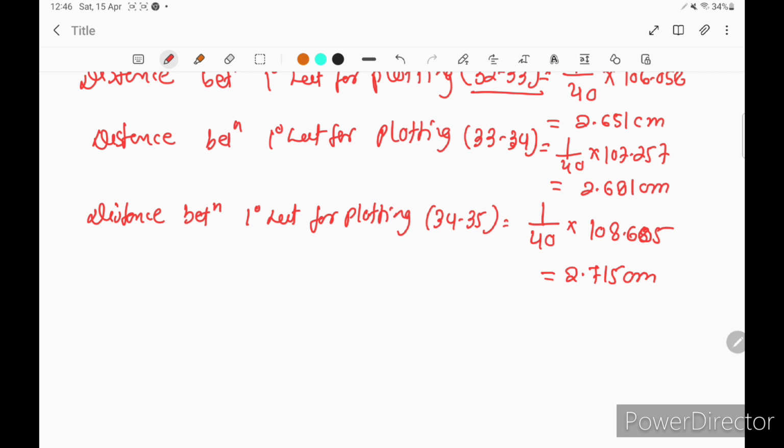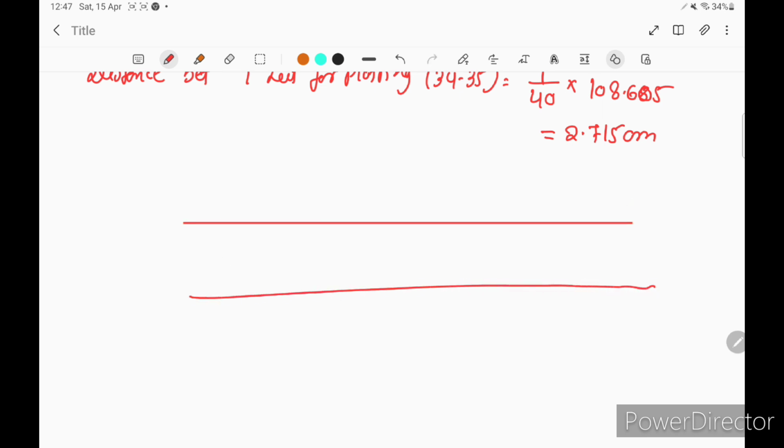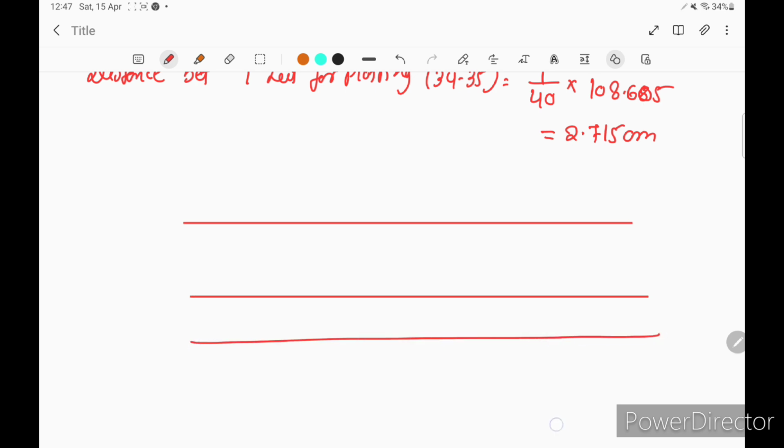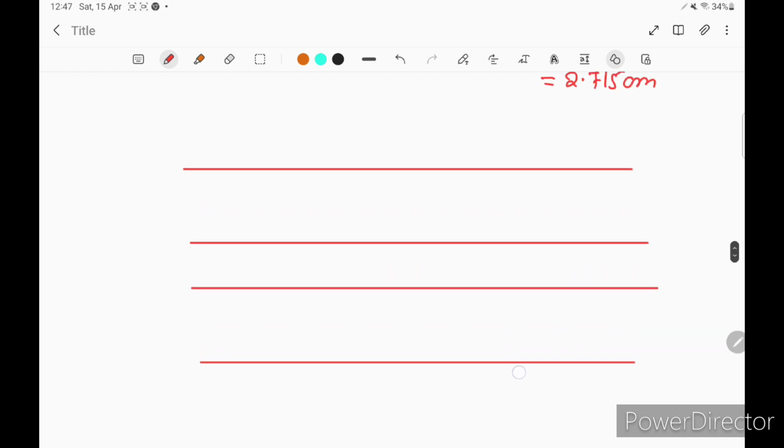So now we come to plotting. For plotting we need to draw the diagram. Let's plot. This is 35 degrees north, below that 34 degrees north, below that 33 degrees north, and 32 degrees north.